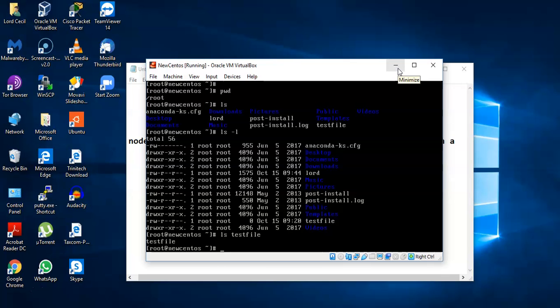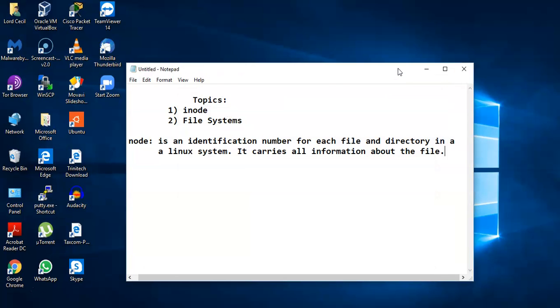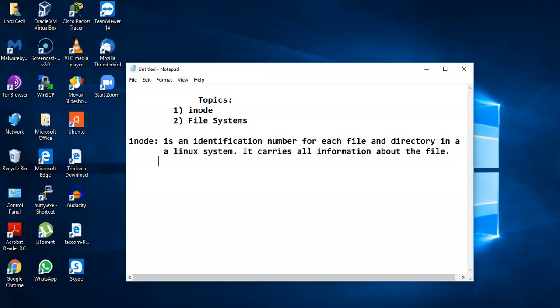And there are two commands used for inode. The first is the stat command, which displays inode information. For example, I could say stat then the file name. Stat then the name of the file will give you the inode information about that file.